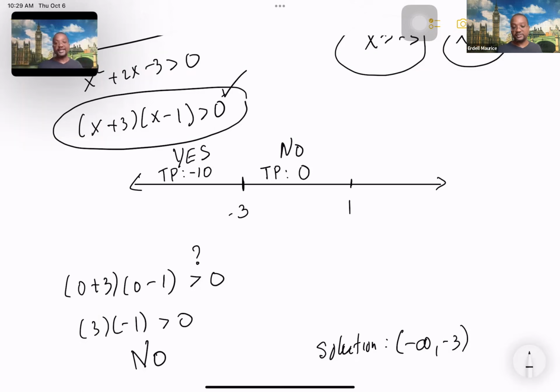All right, the last region between 1 and infinity. Can you give me a number you want me to try between 1 and infinity? Say 65 million. That's between 1 and infinity. That works.